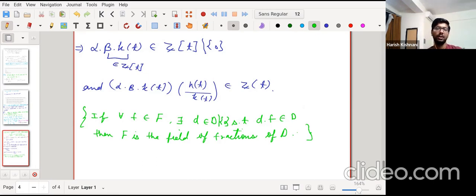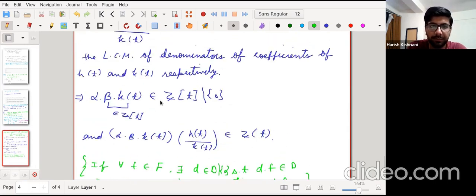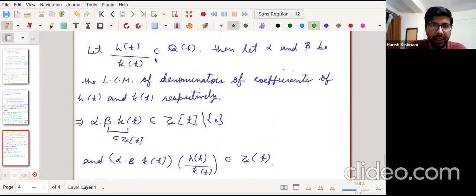So D is already inside your F, right? Now we are trying to see the surjection part. If for all f in a field F there exists some non-zero d in the integral domain such that their product is inside D again, then F is said to be the field of fractions of D. So what we did, we picked an element of Q(t), right?